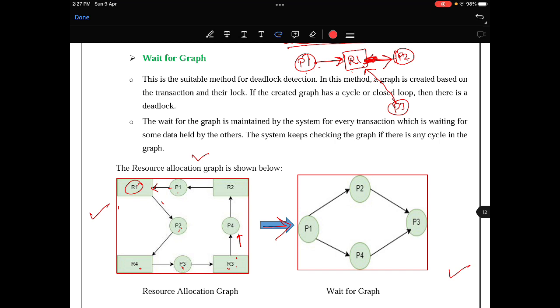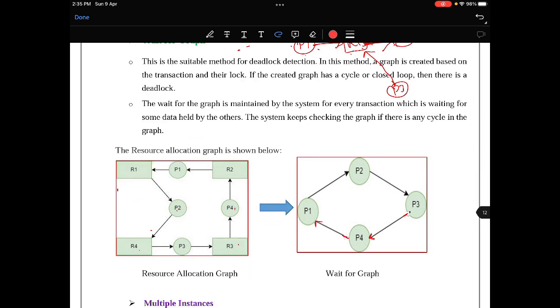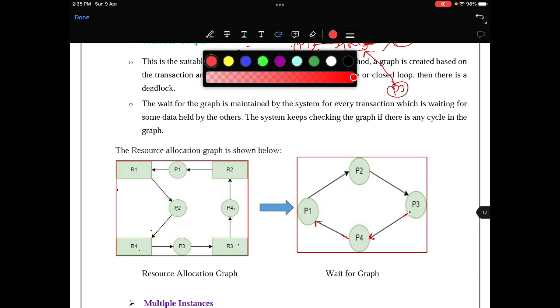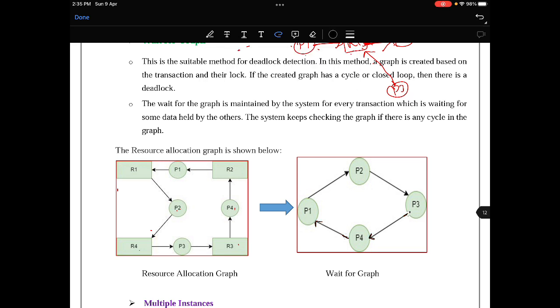A very common question asked in the GATE exam or any university level exam is that they will give you a resource allocation graph and ask you to draw the wait for graph. So now we will learn how to convert a resource allocation graph to a wait for graph. For converting it, see this: P1 is demanding R1.